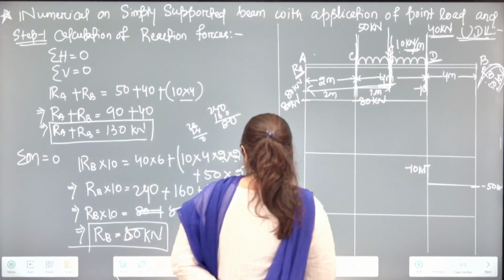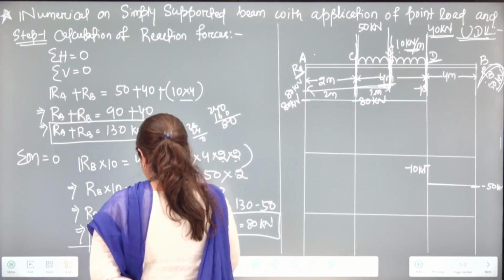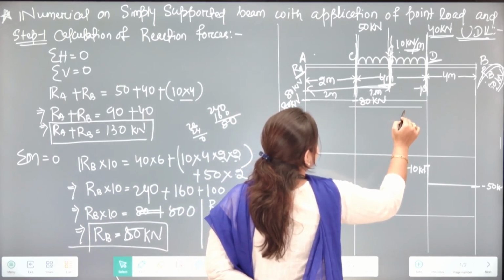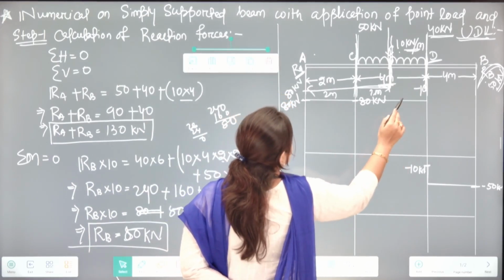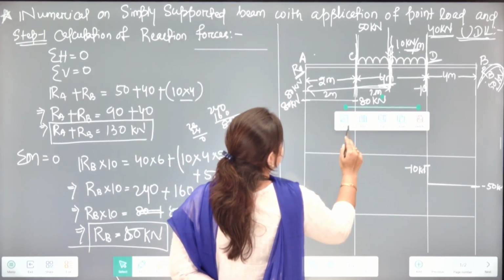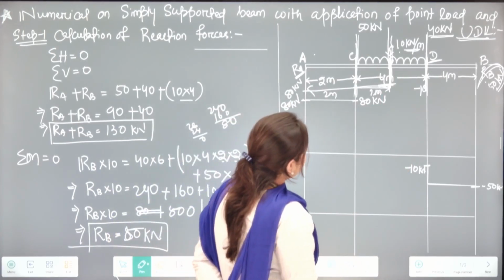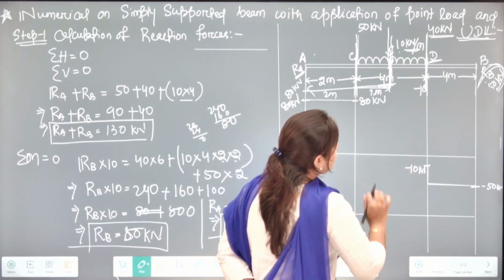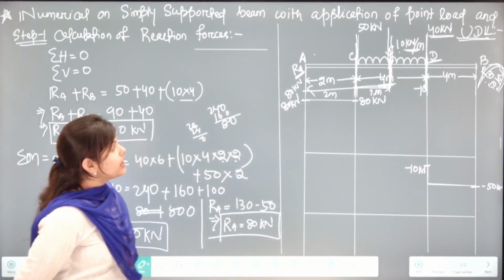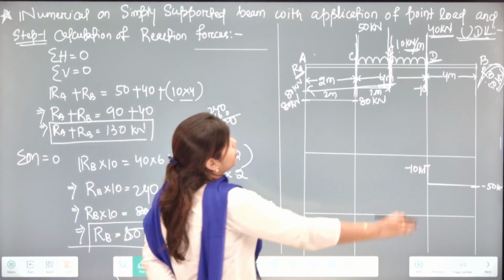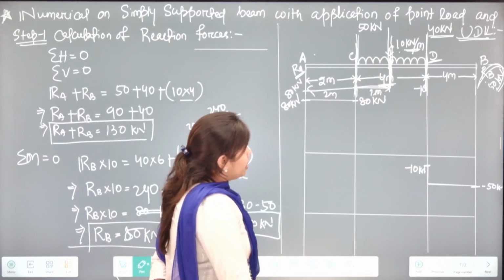Here this is minus 80 and minus 10, as I have already said. This point is having what? UDL.